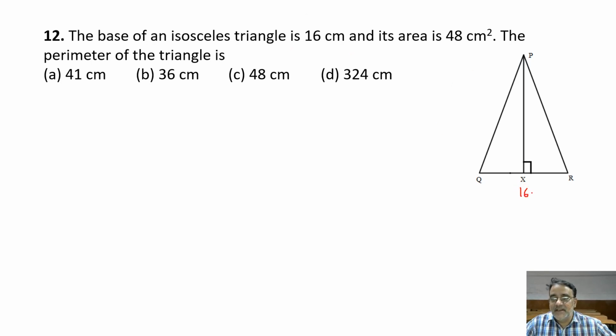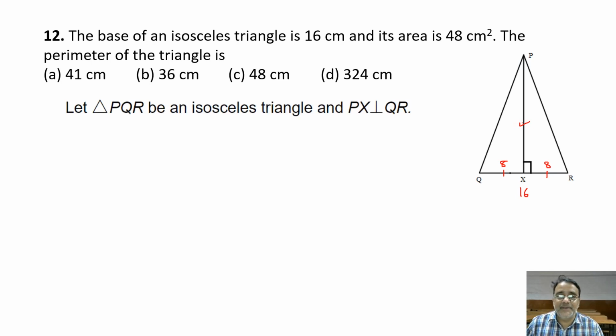So this is the base, and we know that in an isosceles triangle when we draw the altitude it bisects the base. So these two will be 8, 8, right? Now the area is also given, 48 centimeter square. So what will we do, first we will find this altitude, PX, right?